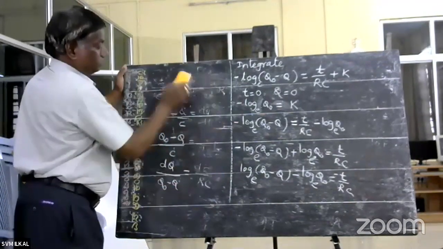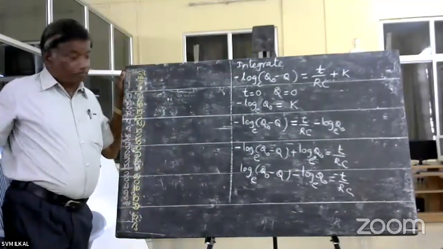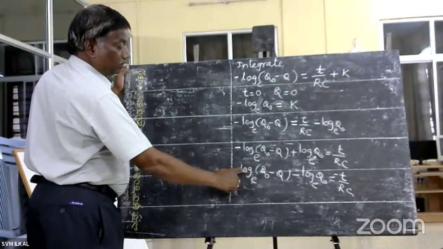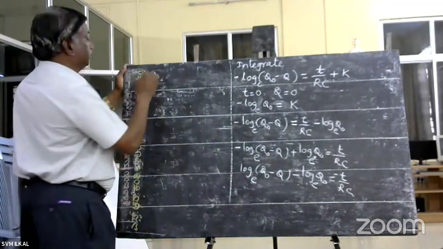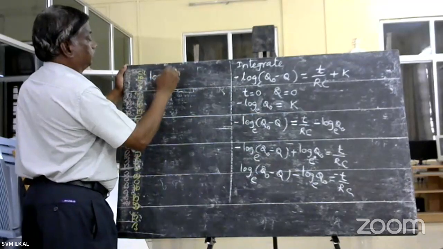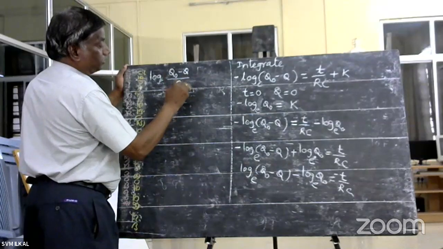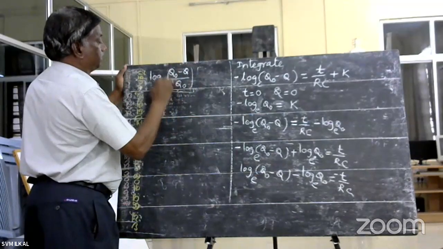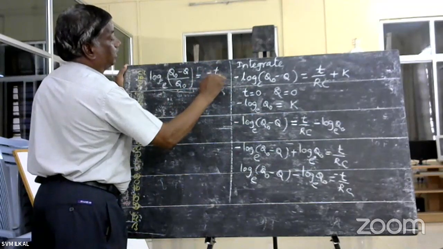Now the equation becomes what? Here, log of A minus log of B is log of A by B. Like that, log of (Q naught minus Q) divided by Q naught to the base e is equal to minus t by RC.